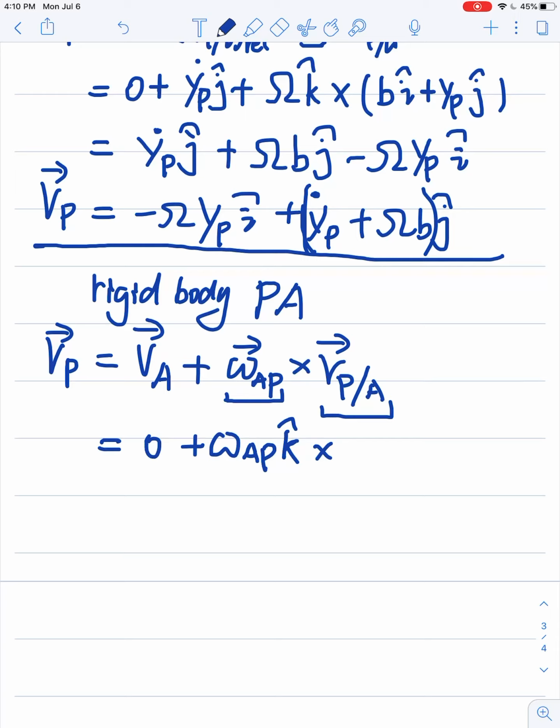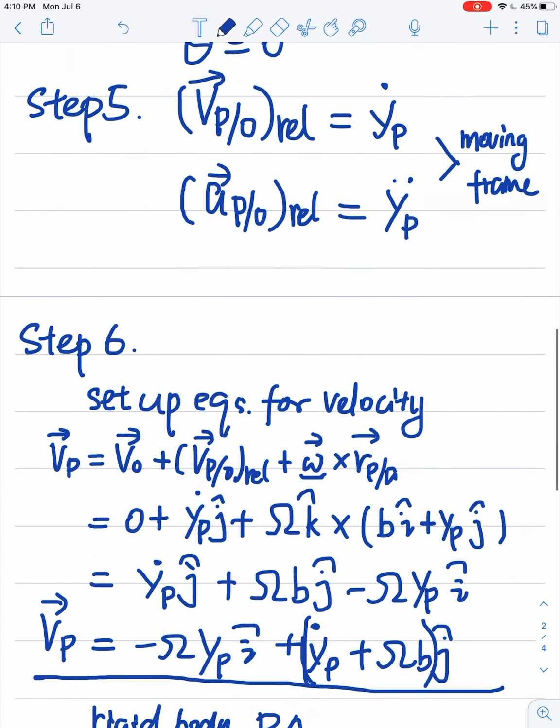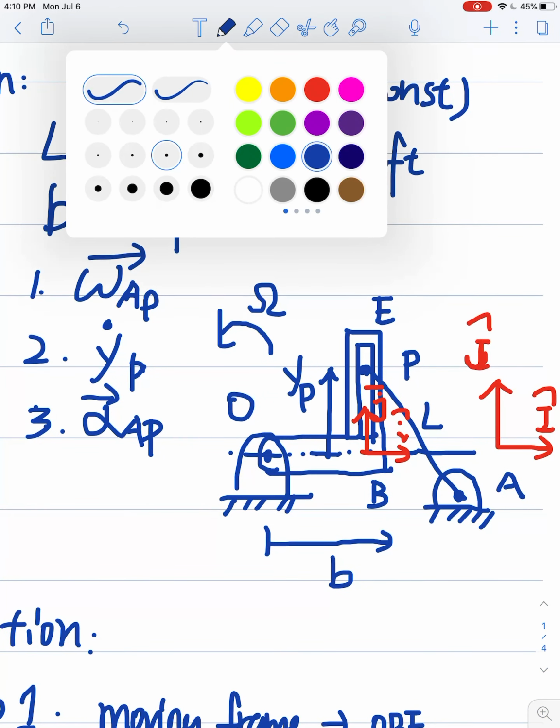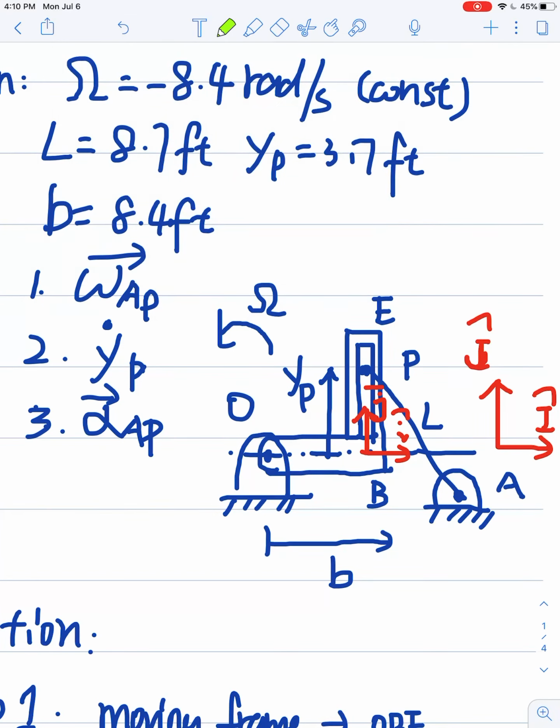This position vector is pointing from A to P, so the position vector is going to be negative I. Here's a little bit tricky, because it seems like we don't know the distance from point A to the other point, which is the I direction position we need to use to identify the position vector.